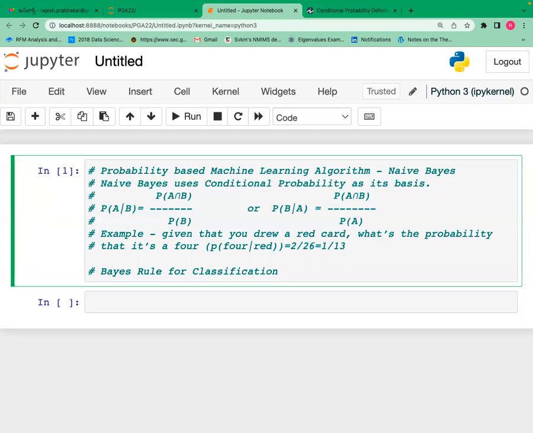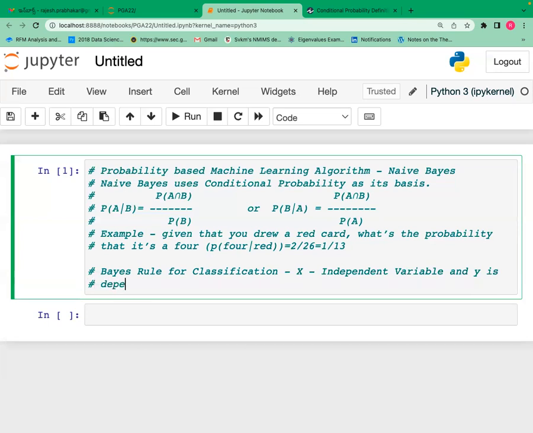So Bayes rule for classification: X is your independent variable and Y is your dependent variable.